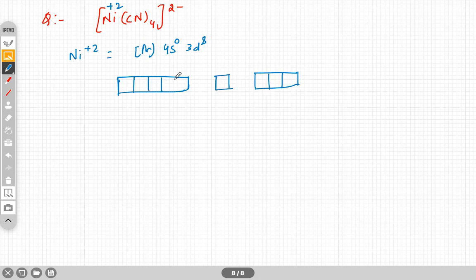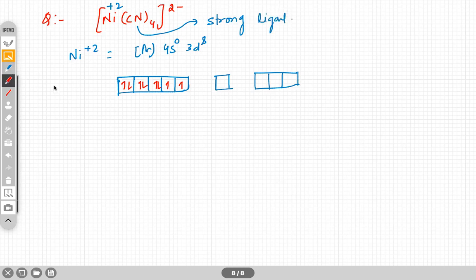1, 2, 3, 4, and 5. 8 electrons in d, 0 electrons in 4s and 4p. Now, since CN is a strong ligand, there would be pairing against Hund's rule, and the electron which is unpaired jumps back into this orbital and makes the electron paired, and hence this orbital becomes empty.